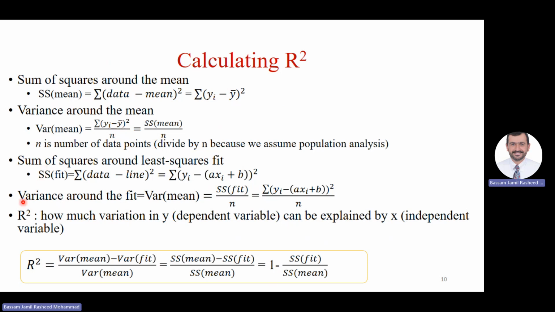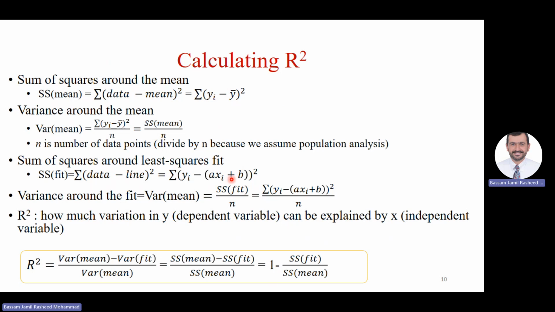Then we want to compute the variance around the fit. So for that, we compute the sum of squares around the least squares fit. Okay, so to do that, we subtract the y coordinate, to be specific, and the predictions from the line for each and every point.